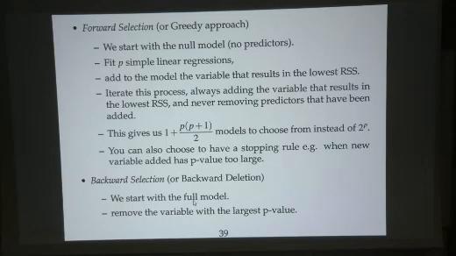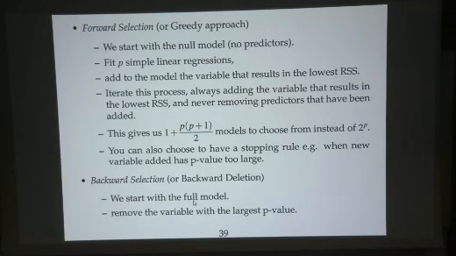Suppose TV and radio give you the lowest RSS, then you add the variable radio to your TV. So now you have selected TV and radio from the 3. First you are choosing among p, then among p minus 1, and so on.